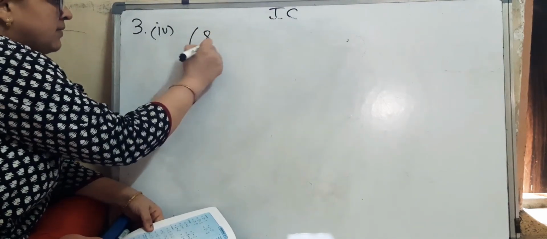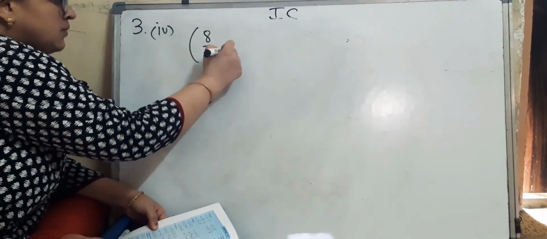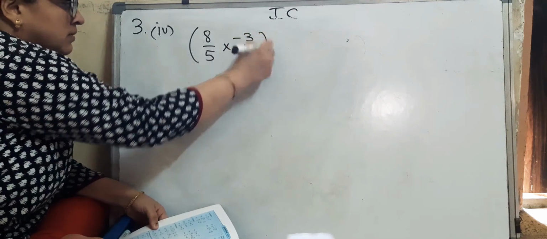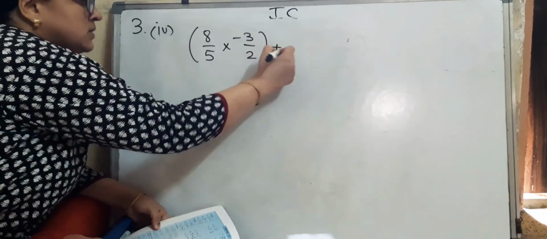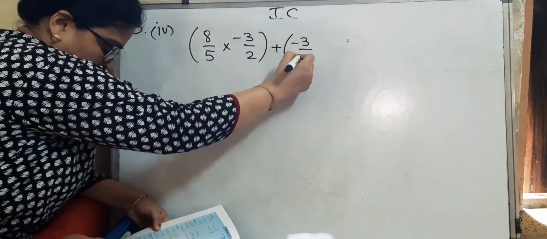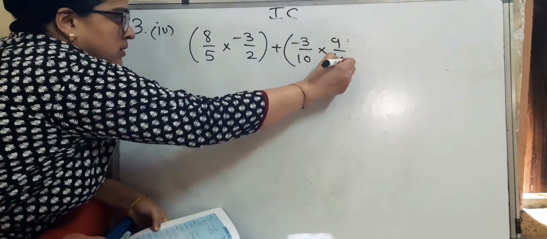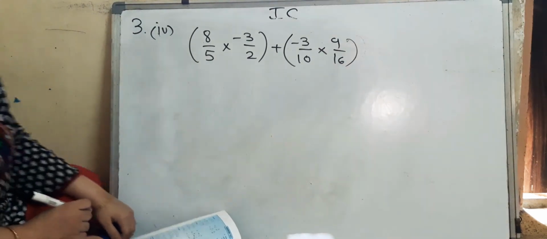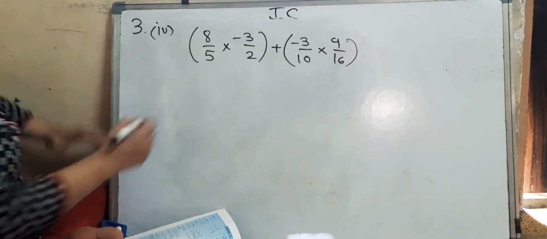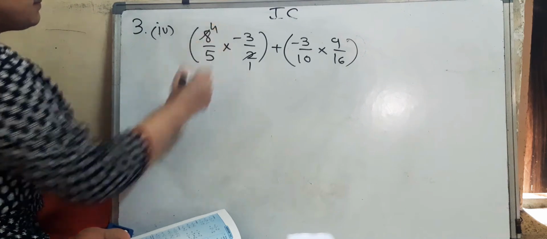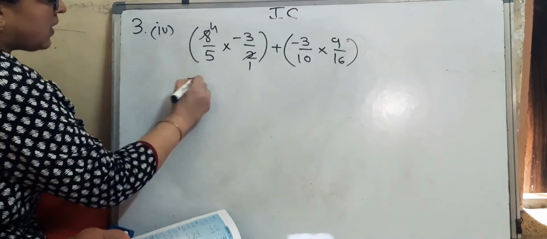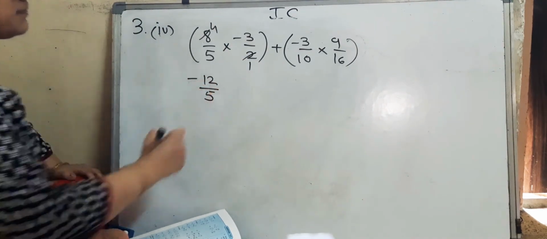8 upon 5 into minus 3 upon 2 plus minus 3 upon 10 into 9 upon 60. Now first of all solve the bracket. 2 ones are 2, 2 fours are 8, 4 threes are 12, minus 12 upon 5.